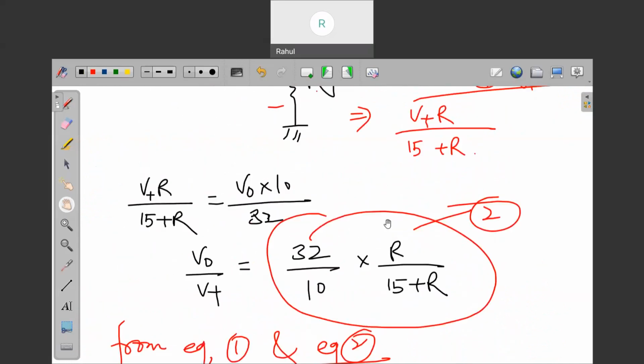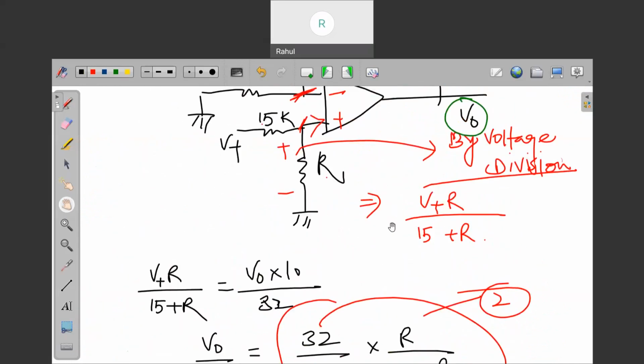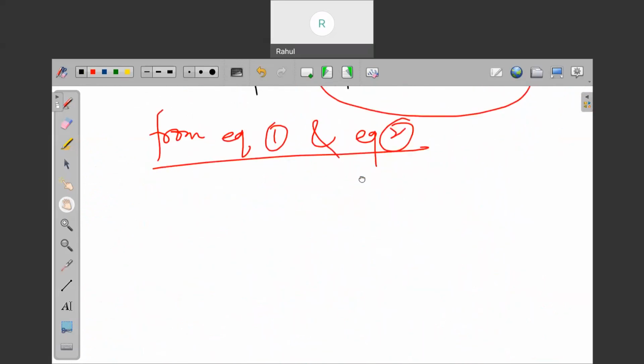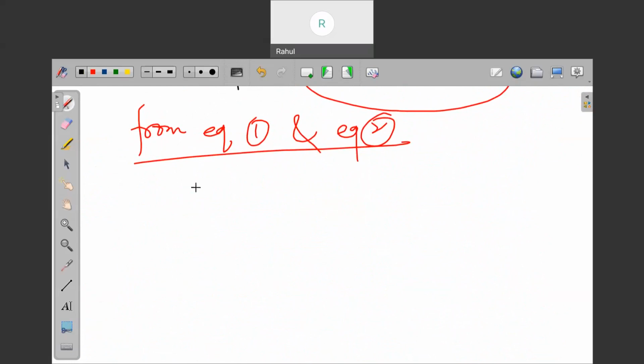Amplification factor means you have to equate the mod of that. So you'll get the answer as 33k. Equating both sides, I mean equation 1 and 2, that is 22k upon 10k equal to the mod of this.